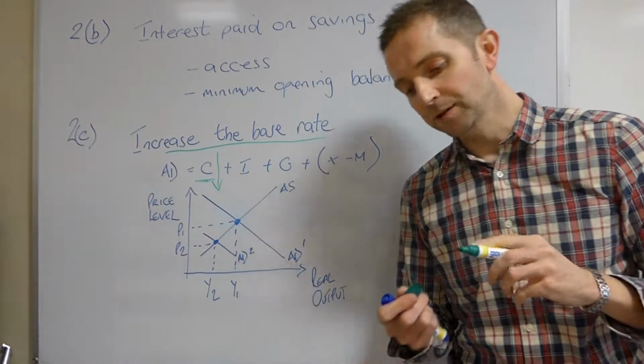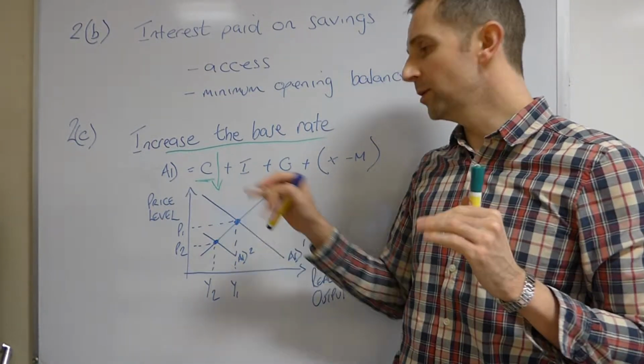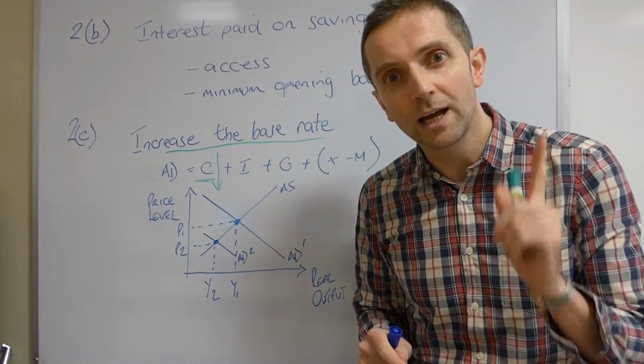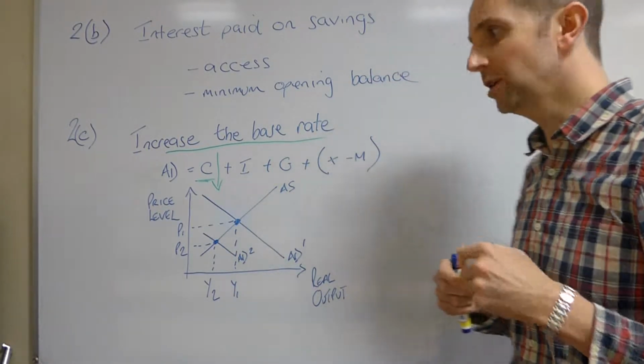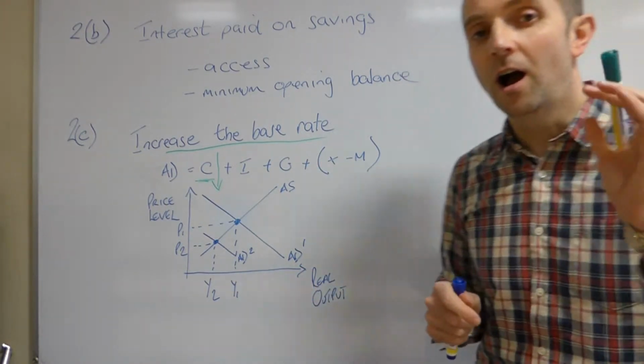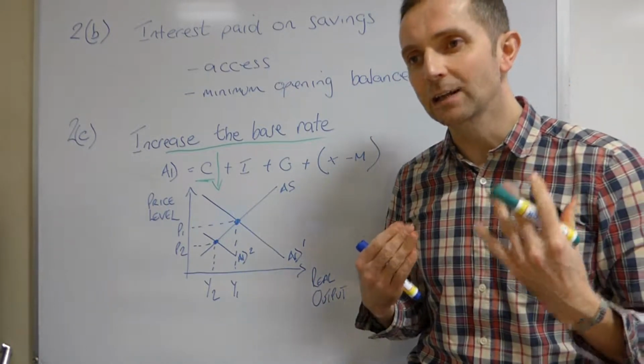What about investment? Well, remind ourselves, what is investment? The I component here is investment by firms on capital goods, machinery. Very expensive machinery. How do these firms afford such machinery? They take on a loan.